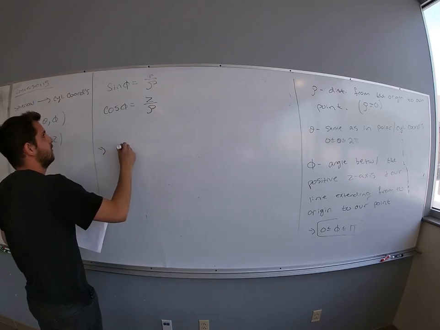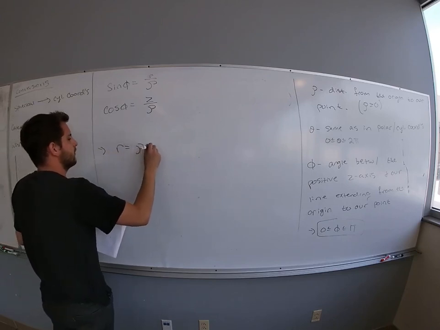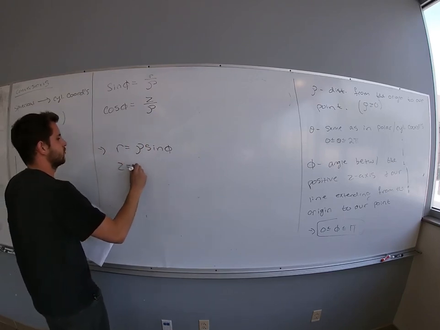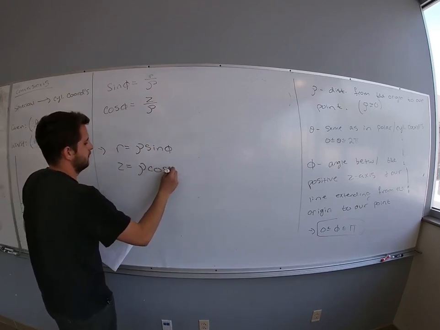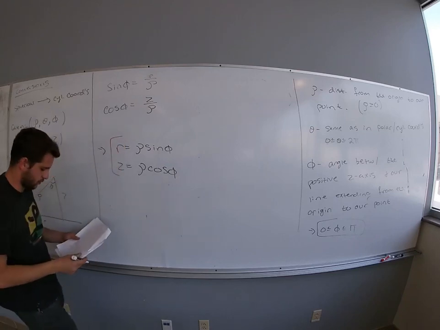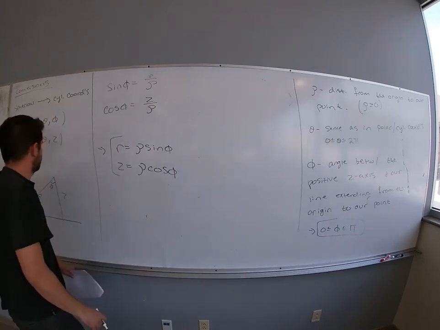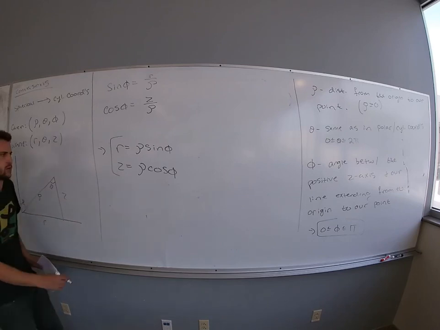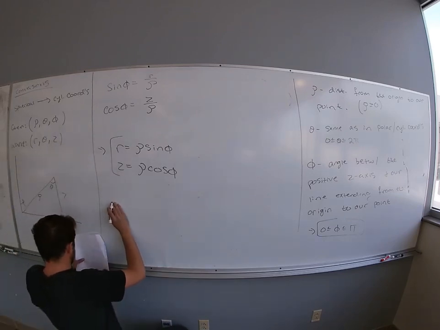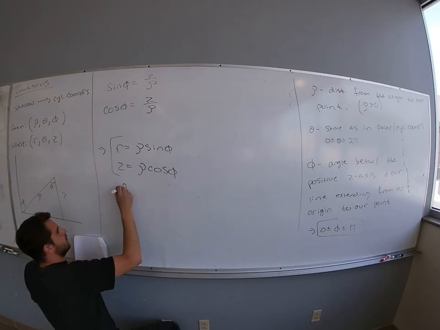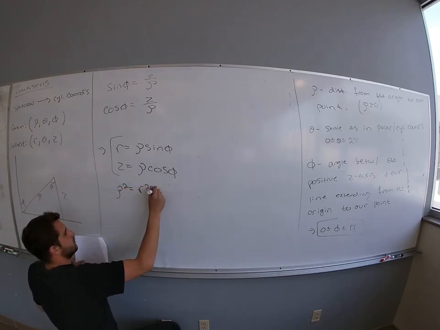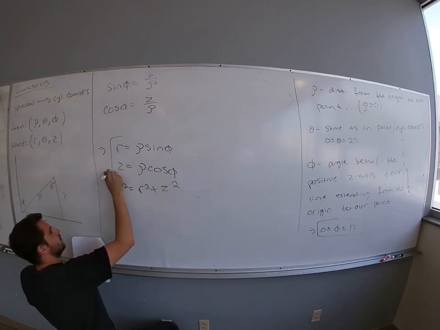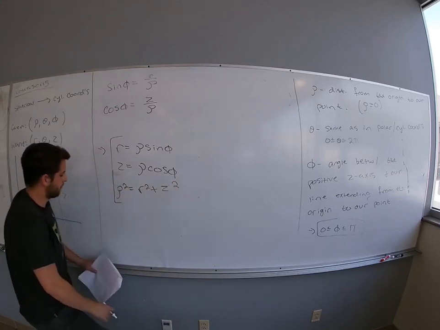This says that R is rho sine of phi. And this one says that Z is rho cosine of phi. Okay? These are important. What else can I say from this triangle? One more thing, I could say that R squared plus Z squared equals rho squared. So how about I say that? Rho squared equals R squared plus Z squared. Okay? That's what I get.